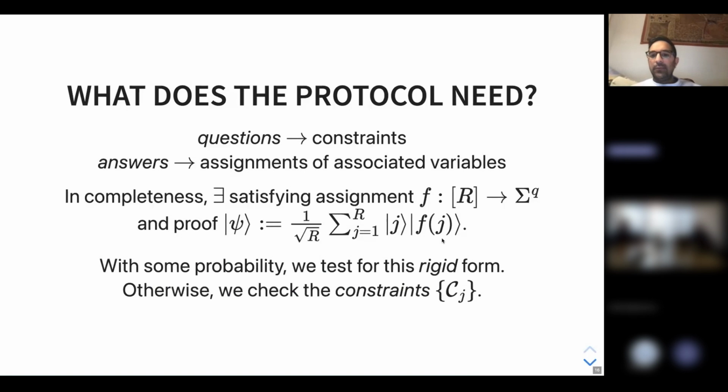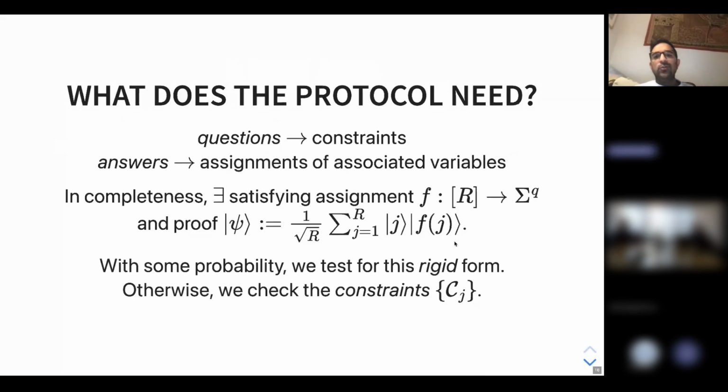With some probability, we need to test that this witness is of this form. I'll call this a rigid form. If we have the rigid form, then we can check the constraints. How do you check the constraints? You measure a random outcome, you get some random j and f of j, and you make sure the constraint is satisfied.